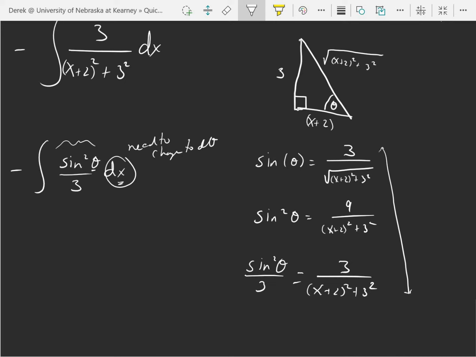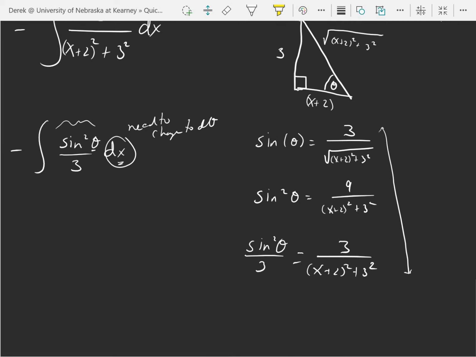We could use this equation here and get a relationship between d theta and dx, but there's a nicer equation to use, and I can use any of the equations that relate x and theta properly. So let's look at this equation here, which is x plus 2 over 3 is equal to the cotangent of theta.